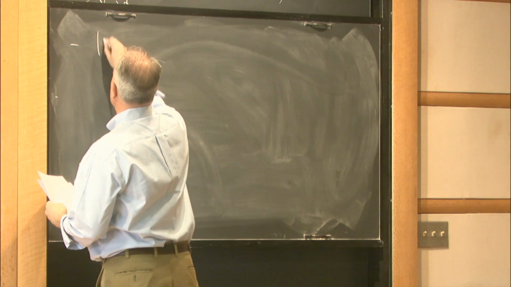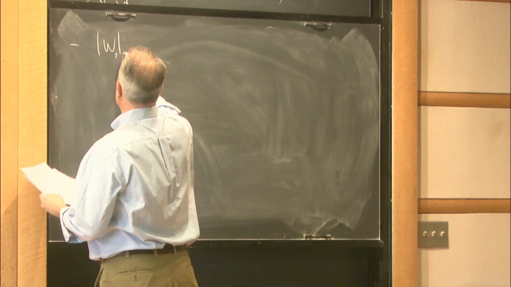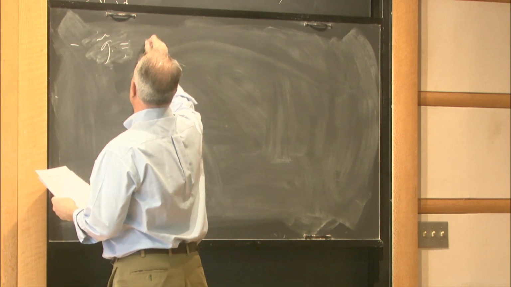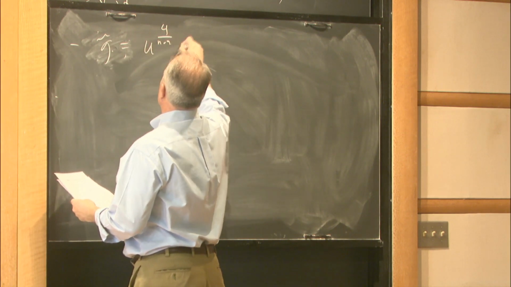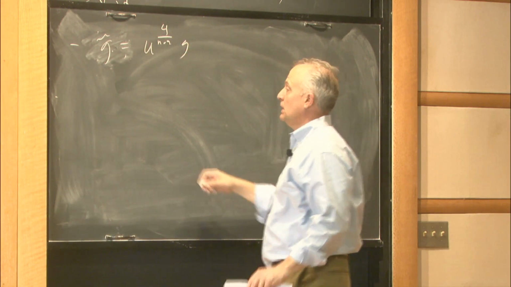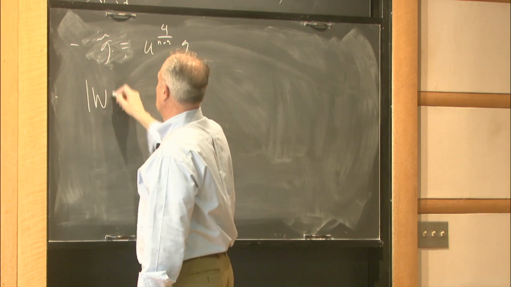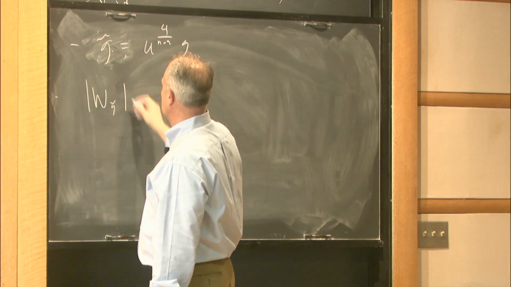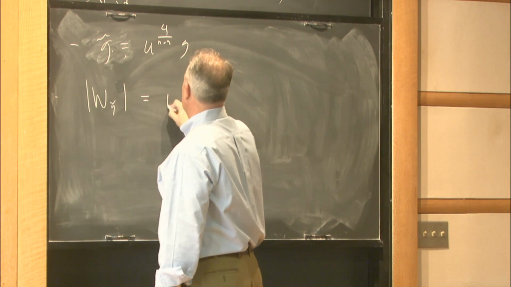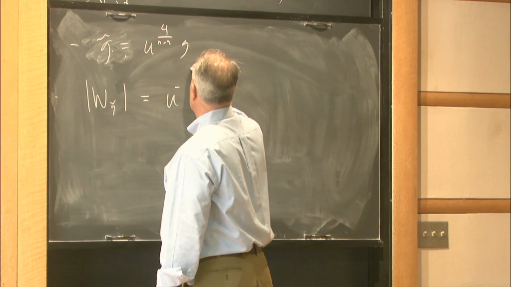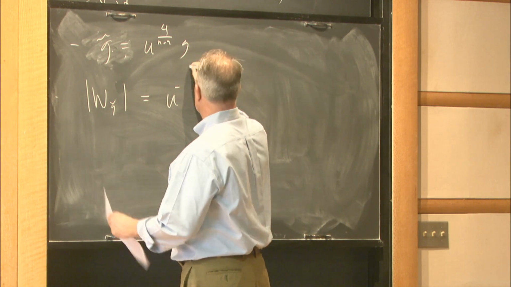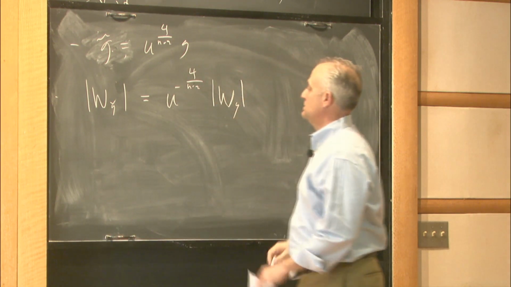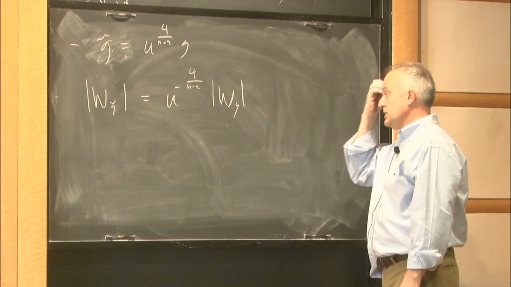So for example, if I look at the norm of the Weyl tensor, if I conformally change the metric, just like I described before, and look at the norm of the Weyl tensor of g tilde, then you'll just have a factor of minus 4 over n minus 2 times the norm of the Weyl tensor with respect to g.